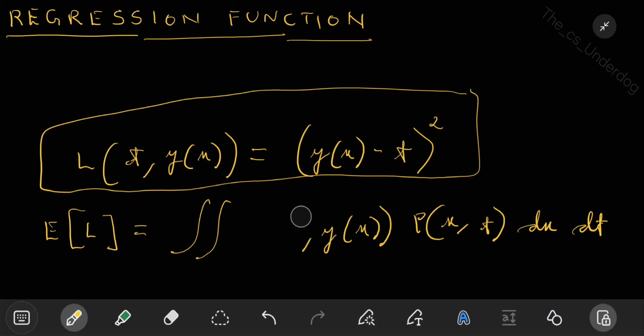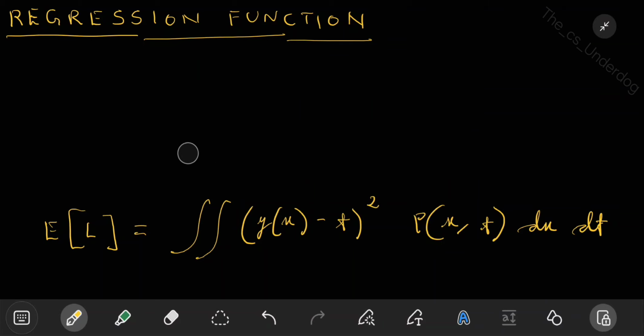So I am going to substitute it here. Instead of this, we'll have y of x minus t the whole square, right? So this is the loss function. Now my expected loss is double integral of y of x minus t the whole square p of x, t dx dt.